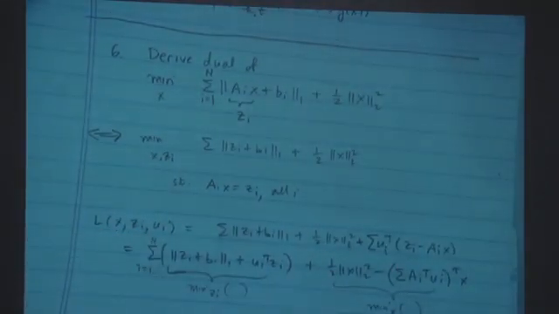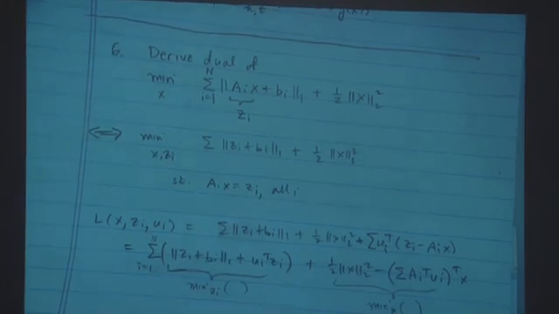Remember, we learned that the conjugate of a quadratic, one half x transpose Qx, was another quadratic in Q inverse. It was the L2 norm, you're right, it is. So the L2 norm squared is a quadratic, and the conjugate is another quadratic. The L2 norm itself has as its conjugate the indicator that the L2 norm is less than or equal to 1.